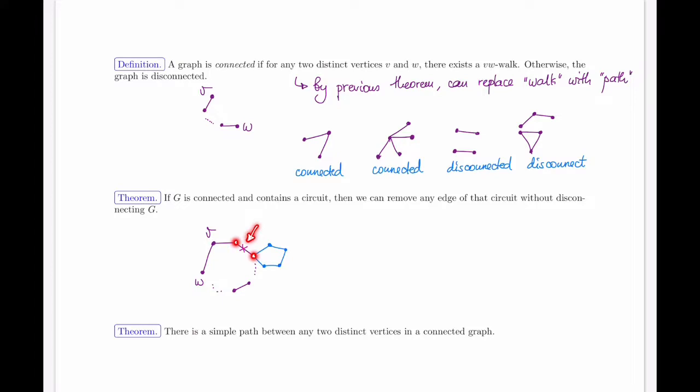But because it's a closed circuit, I can go the long way around, right? There's no direct connection, but by virtue of being a circuit, there is a walk connecting those two. And this is why any edge will work. No matter what edge I decide to cut, this will end up not disconnecting the graph.